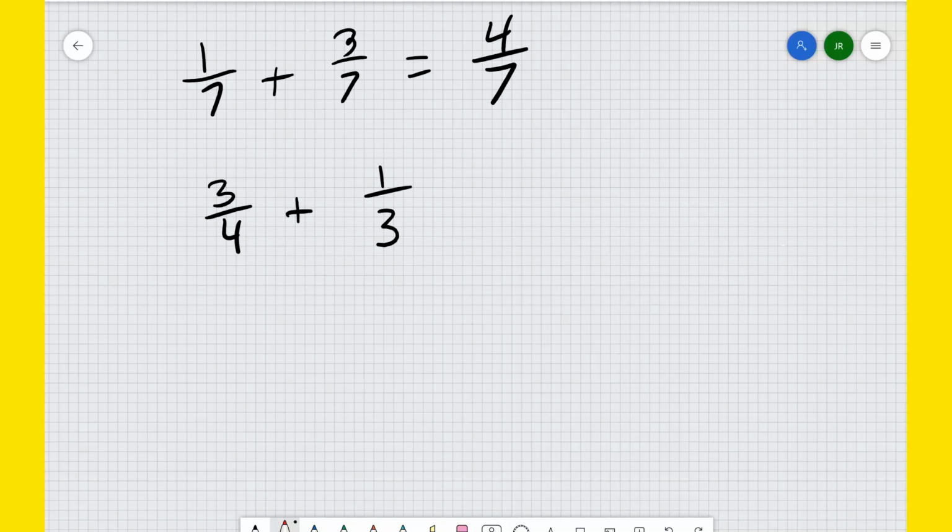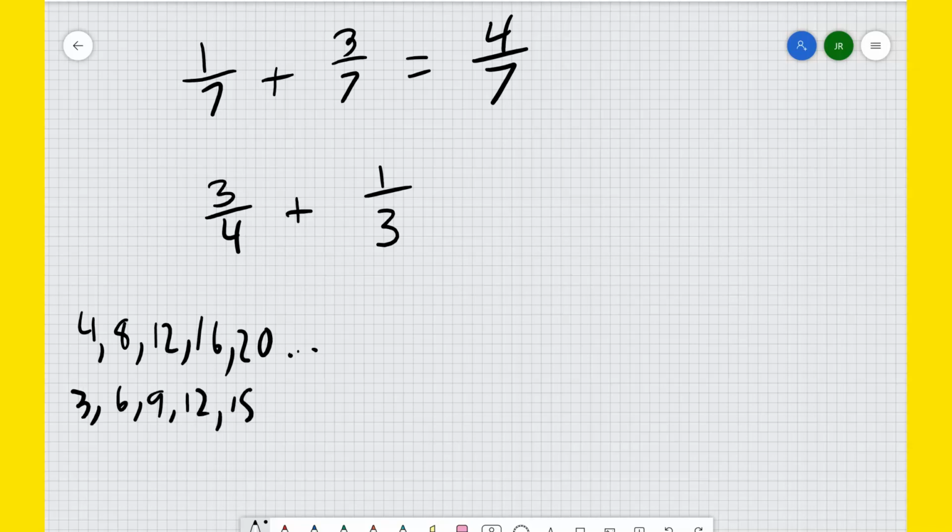So you think, the multiples of 4 are 4, 8, 12, 16, 20, and so on. The multiples of 3 are 3, 6, 9, 12, 15, 18, and so on. What does least common multiple mean? What number do they have in common? The 12, right? And that's the least common multiple between them.